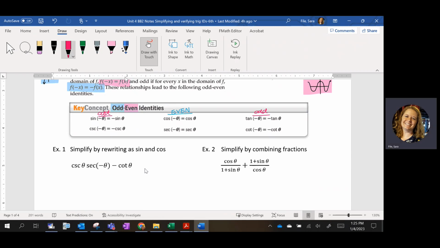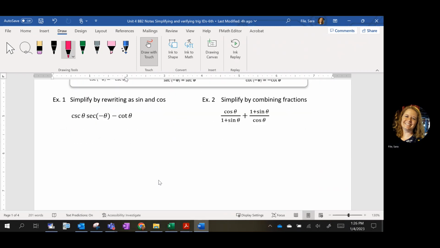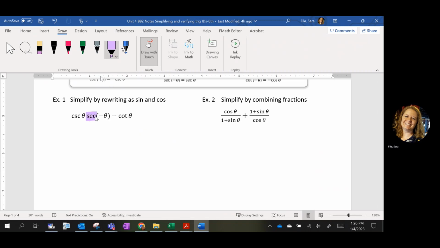So far, so good? So let's do a couple of examples mixing these two new identities and the ones that we know already, Pythagorean, reciprocal, and quotient, plus our algebra skills. All right, in example 1, it wants us to simplify by writing as sine and cosine. Now, before I jump into writing this as sine and cosine, though, I'm first going to look at the different colors that I've been using.